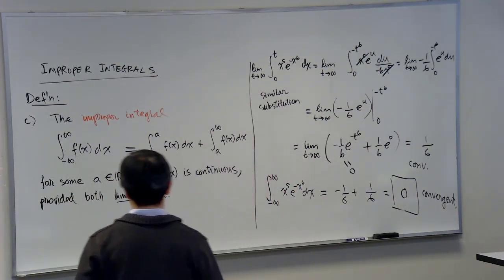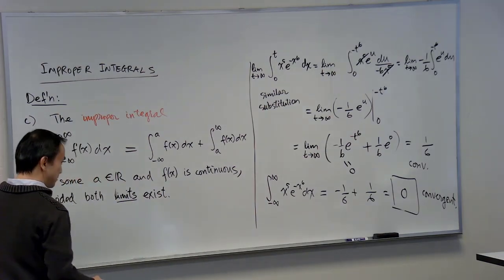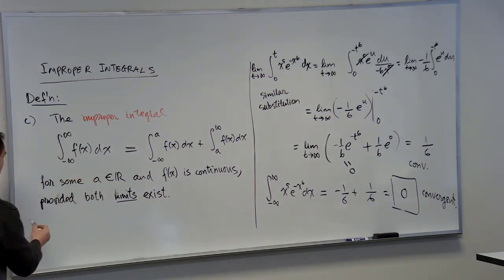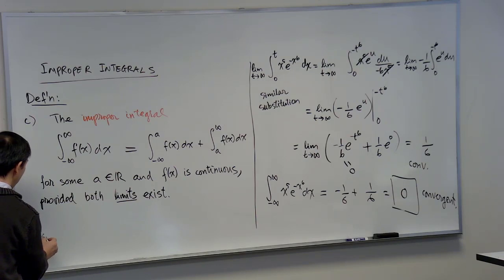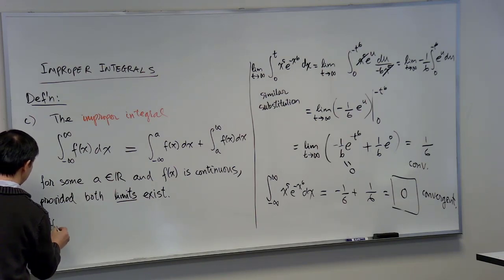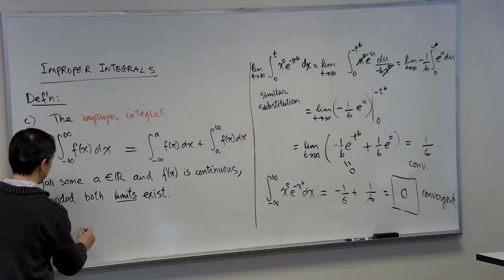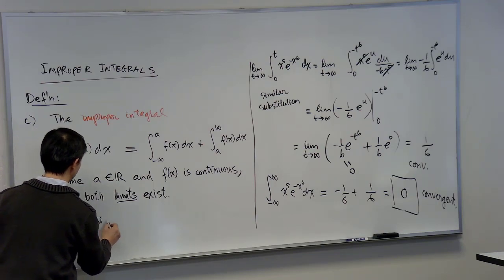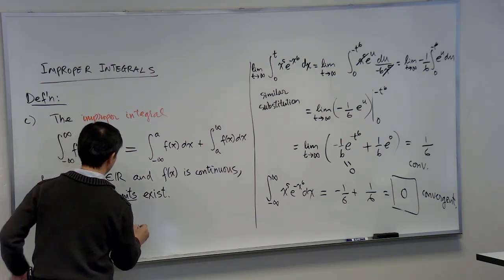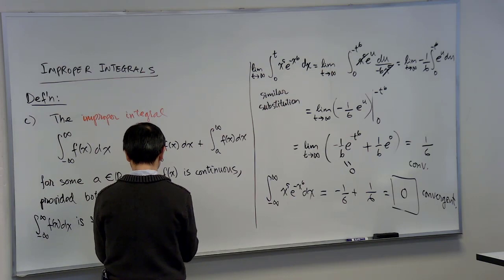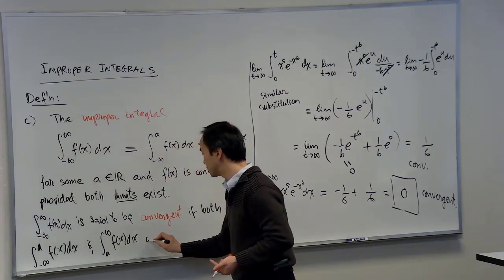So back to this definition, I purposely left some space right here. So we're going to say that the integral from minus infinity to infinity of f of x dx here is said to be convergent if both of those converge.